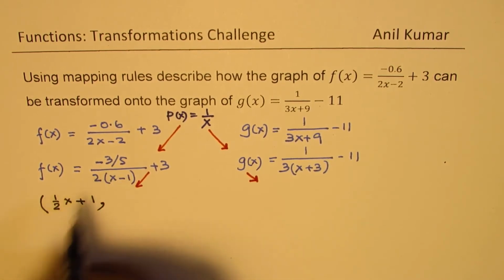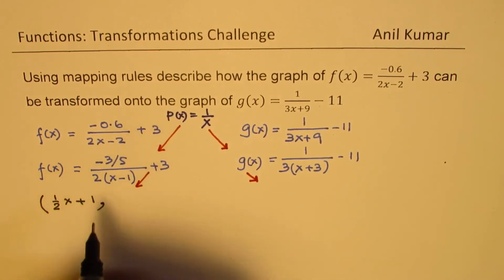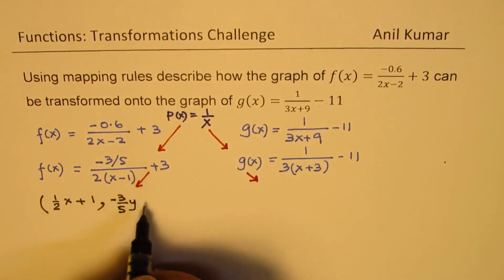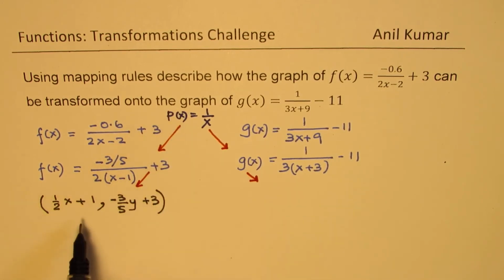That is how the x values have changed as compared to the parent function. The y values have been multiplied by minus 3 over 5 and then moved 3 units up. So with reference to the parent function, that becomes the transformation.